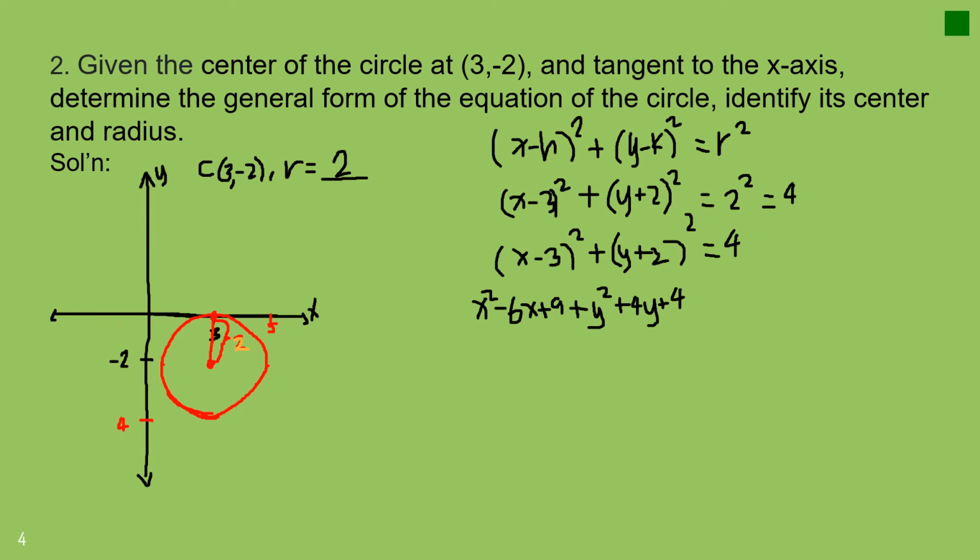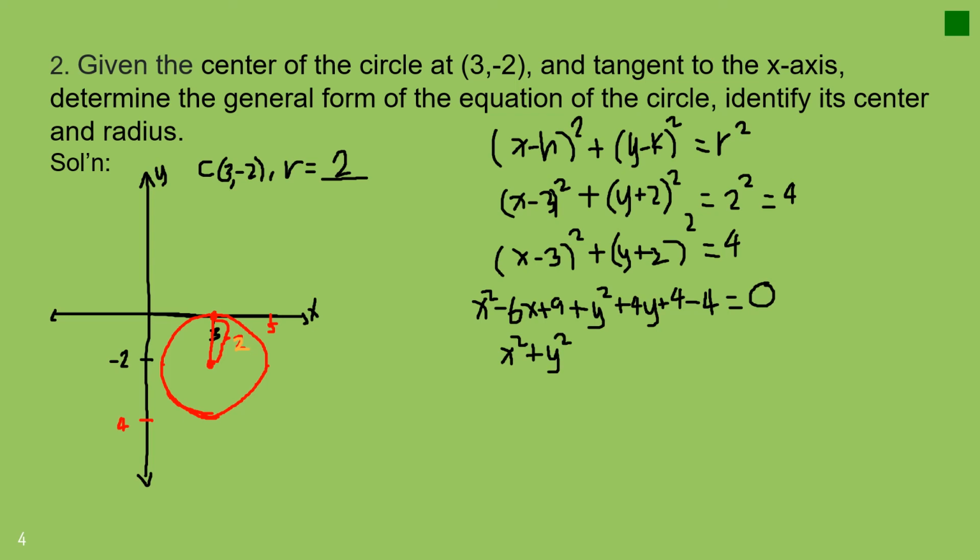And since I have already said that when we write it in general form, all the terms except 0 should be on the left. So this constant here, which is 4, will become negative 4 when transposed to the left side of the equation, and what will remain on the right is 0. And we simplify the equation further. We write together beside each other x squared and y squared.